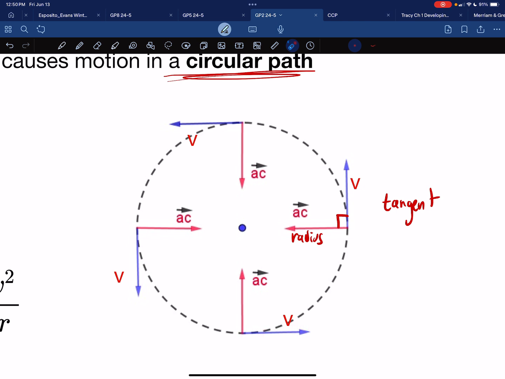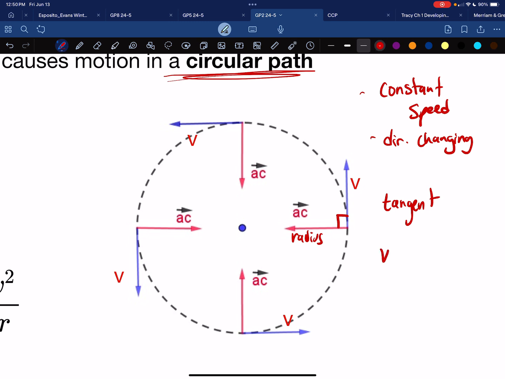So what we have is an object traveling at constant speed, but the direction is changing. It's continuously changing. At every instant on the path, the direction is different. So since velocity is speed and direction, even though the speed is constant, the direction is changing, so that means there is a change in velocity.